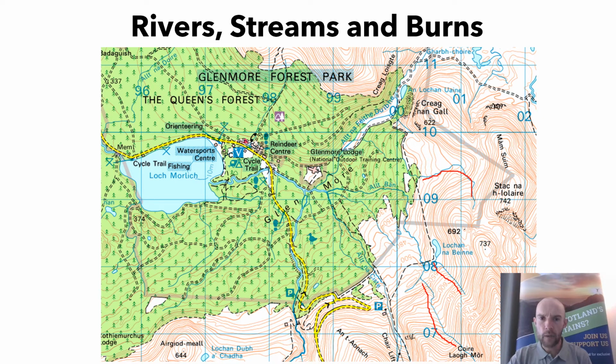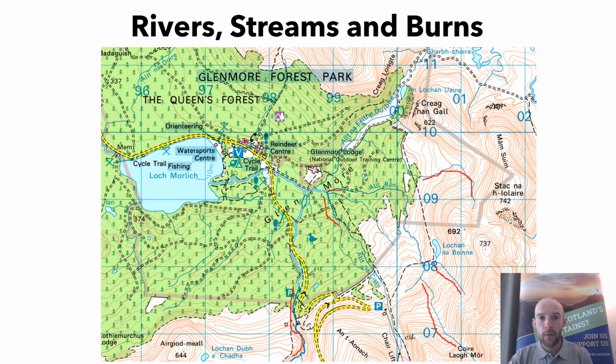And as we progress our way down the hill, you can see maybe some of these blue lines are starting to get a little bit thicker. So maybe here, for example, these sections, and there's one here as well, weaving its way down. So that could be a stream getting a little bit thicker, indicating something that's going to be wider as well.